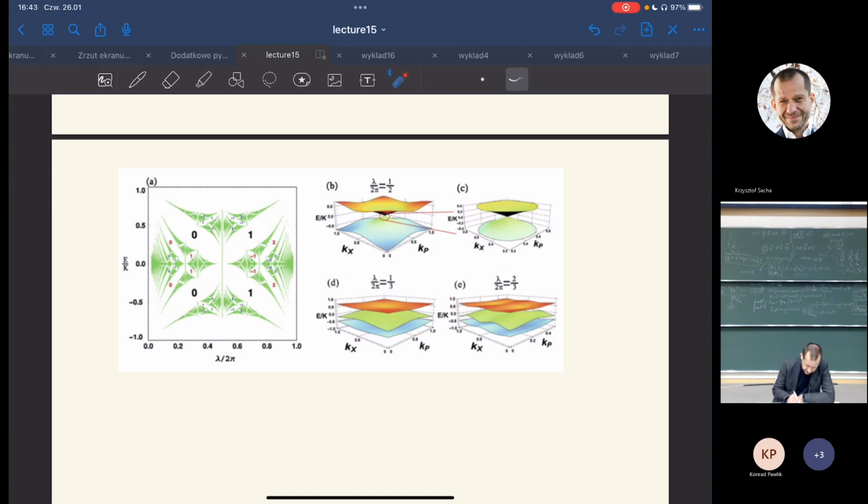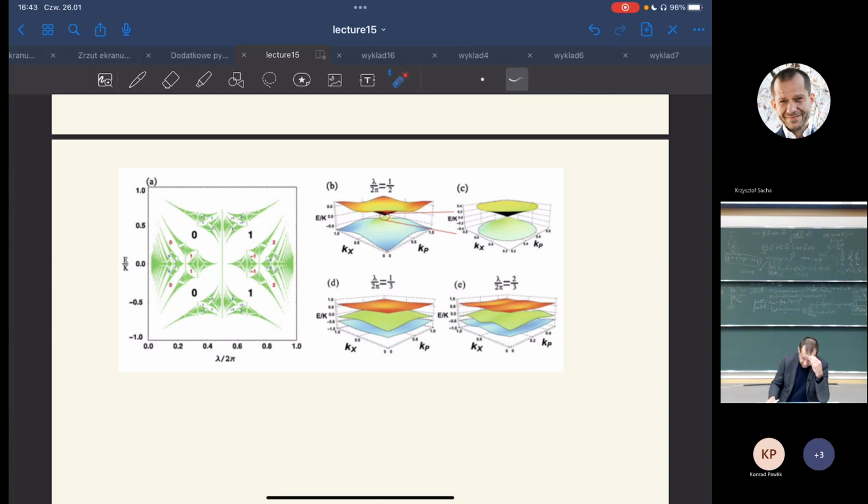And in this figure, you can see different numbers, and these different numbers are actually the sums of the so-called Chern numbers. Chern numbers tell us if the system is topologically trivial or not.